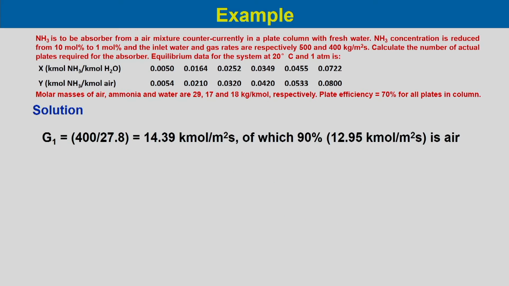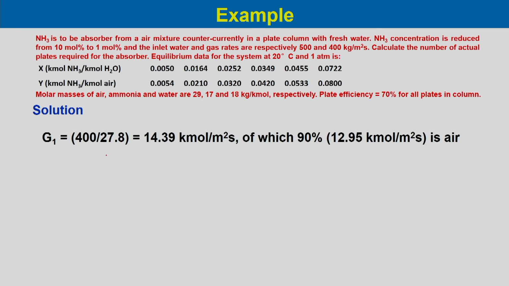Now, we can calculate G1, at the inlet stream of the column, which is 400 divided by the average molecular weight 27.8. So, it is 14.39 kilomole per meter square second. Of this total, 90% is air, so 90% would be 12.95 kilomole per meter square second of air.